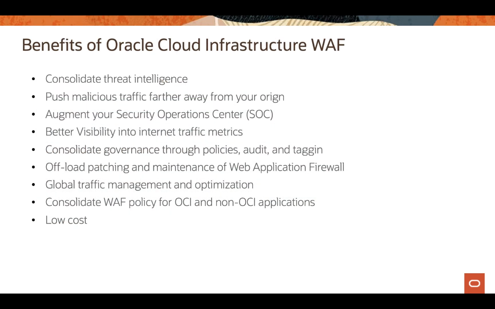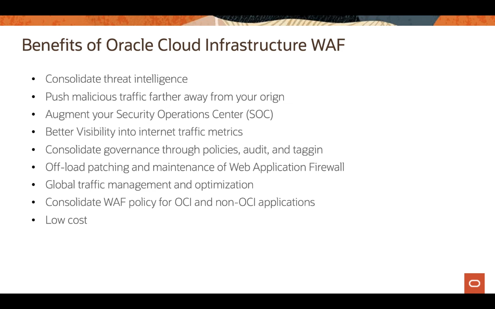Some of the benefits of our cloud infrastructure WAF, along with what I mentioned in the last session about protecting your web application: WAF will make sure that everything is protected against any malicious bad actors trying to access your application and causing downtime on your workload.